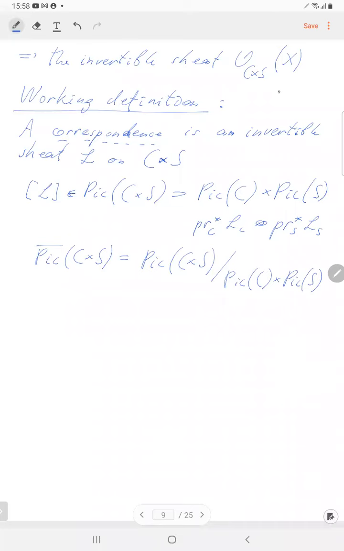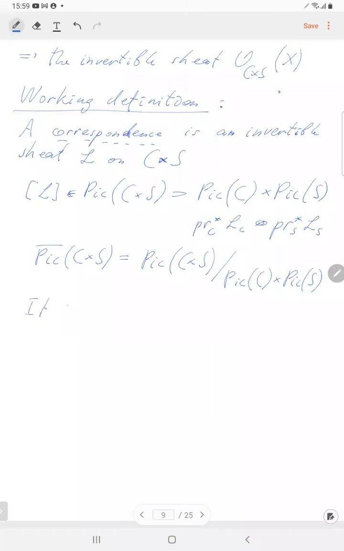Well, you will see. Somehow maybe it is useful to realize that there is a first Chern class.